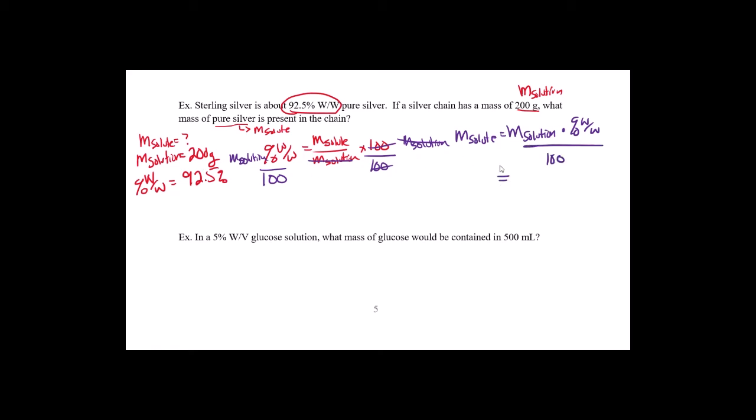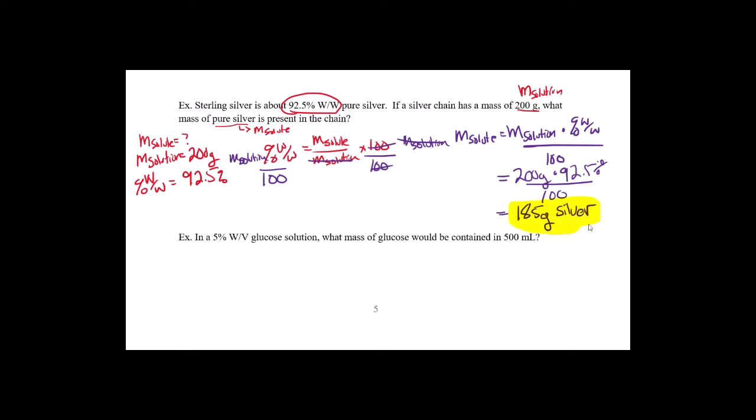The mass of my total solution was 200 grams. The concentration was 92.5%, and then divided by 100. And that gives me 185. I get 3 sig digs here. So 185 grams of silver. So that's the mass of pure silver present in the chain.